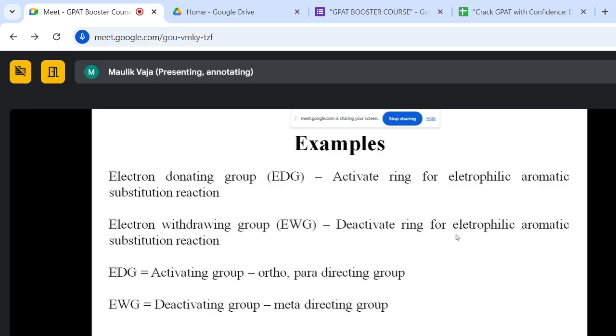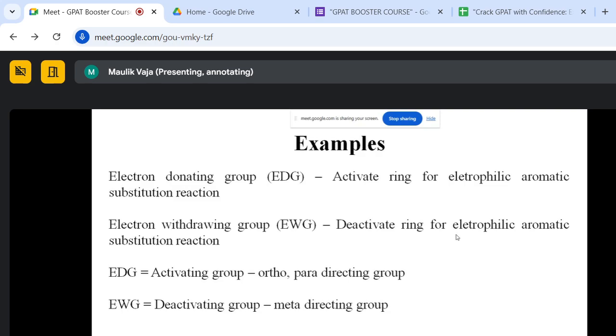It pulls electrons towards itself, while an electron donating group donates electrons. Why is it activating? Because the electrophile is a positively charged, electron loving species. Benzene has electrons, but if you give more electrons, the attraction will be more. Thus, the electron donating group becomes an activating group.